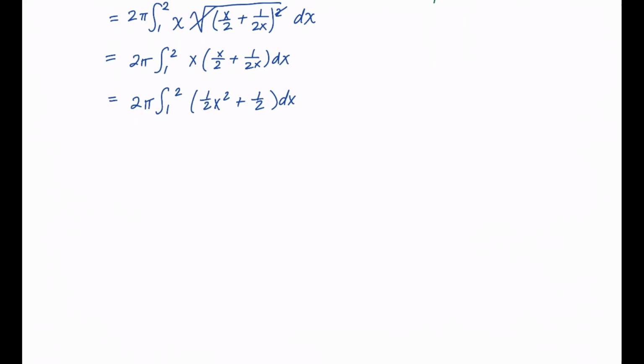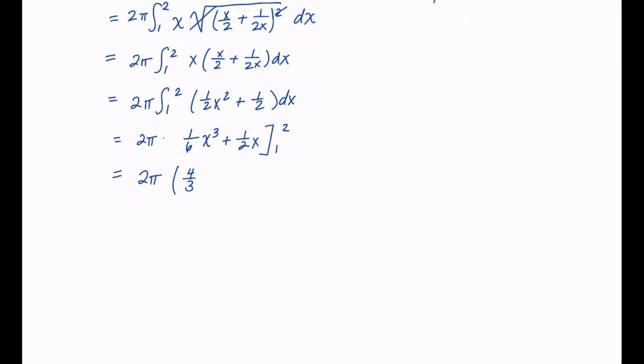And so the antiderivative here is going to be x cubed over 3, so 1 over 6 x cubed, multiplying that 1/2 and 1/3, and then plus 1/2 x, evaluated from 1 to 2, with that 2 pi in the front. So here is just some arithmetic, right? We're going to plug in that 2 into both x's. 2 cubed is 8. 8 over 6 is 4/3.